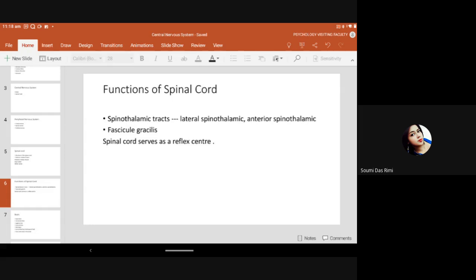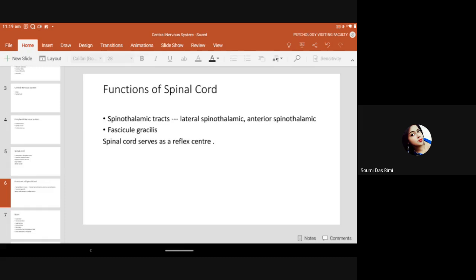I am again repeating what kinesthesia is: the awareness of the position and movement of the parts of the body by means of sensory organs in the muscles and joints. So, these are some of the important functions of this particular tract.